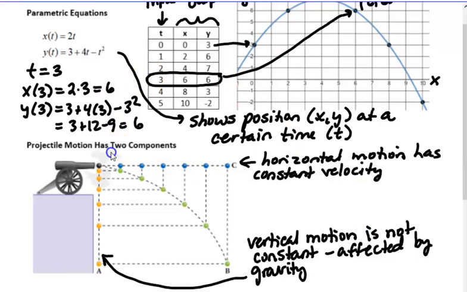So you can see that for every equal increment of time, the ball is speeding up as it approaches the ground. It's going faster and faster. In other words, it's moving a larger distance for each increment of time as it moves down. On Earth, the acceleration due to gravity is -9.8 meters per second squared.